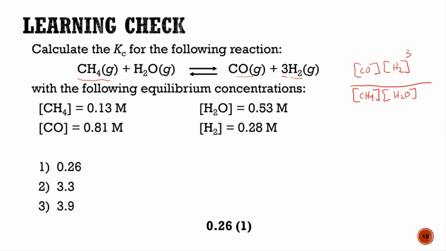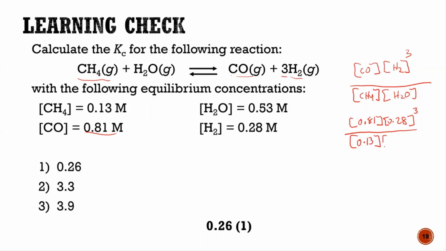And now I just plug in my values. So for carbon monoxide, 0.81 molar. For the hydrogen, it's 0.28, but don't forget to cube that. And then for the methane, I have 0.13.